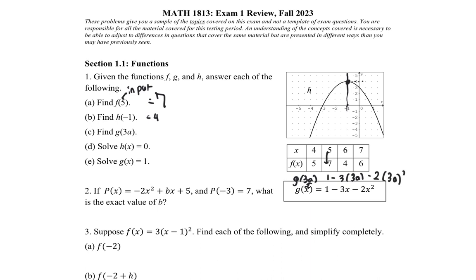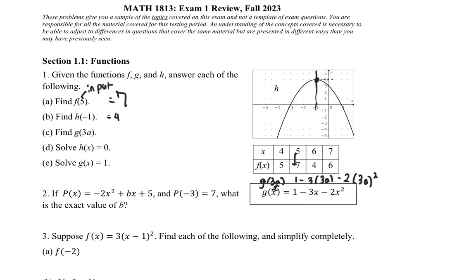To simplify, we're still going to have 1, nothing changes there. 3 times 3a is going to be 9a. Minus 2, and then I'm going to square the inside. So 3a times 3a is 3 times 3 is 9, a times a is a squared. So our final answer is going to be 1 minus 9a minus 18a squared.